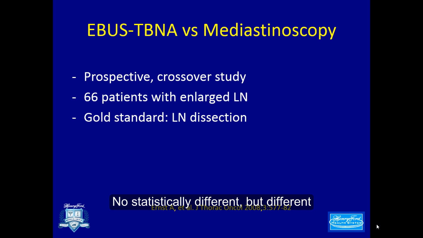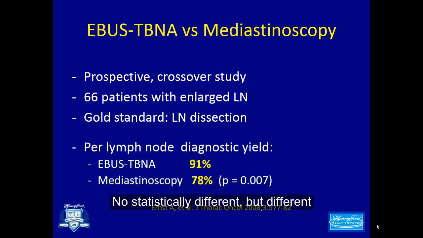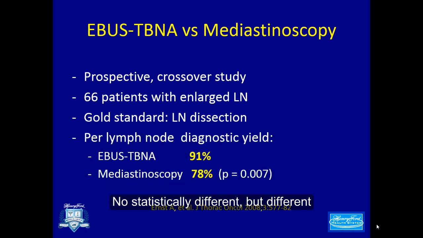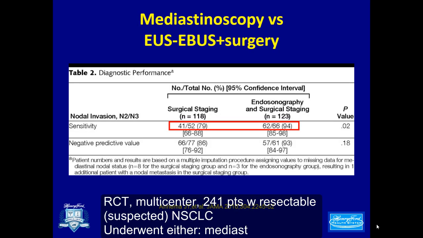EBUS has been compared to mediastinoscopy in this prospective study in more than 60 patients with enlarged lymph nodes, the gold standard being lymph node dissection, meaning surgery via VATS or thoracotomy. The diagnostic yield per lymph node was better in the EBUS group compared to mediastinoscopy.